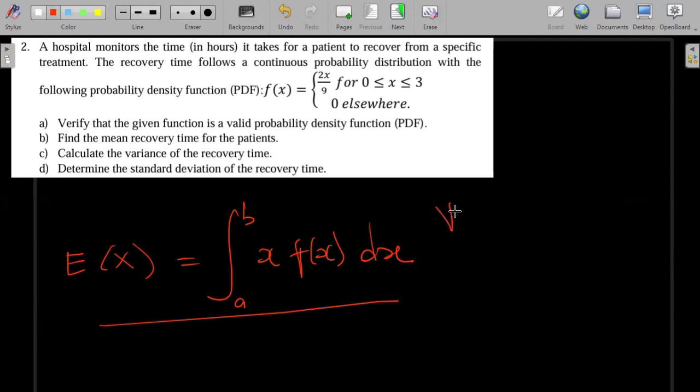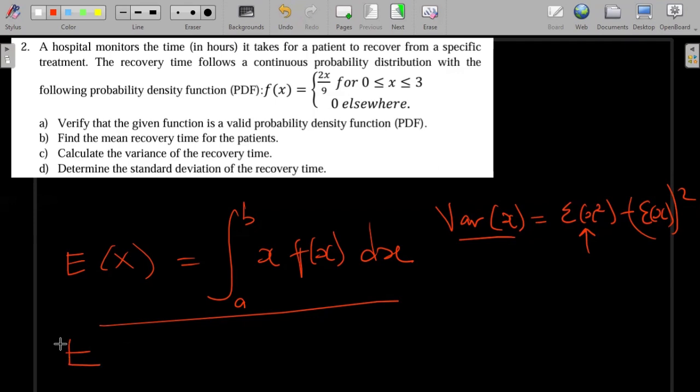Then we also have to know the formula for variance. So the variance of x is equal to the expected value of x squared minus the expected value of x, and then we square it. So we need to find the expected value of x squared when finding the variance.